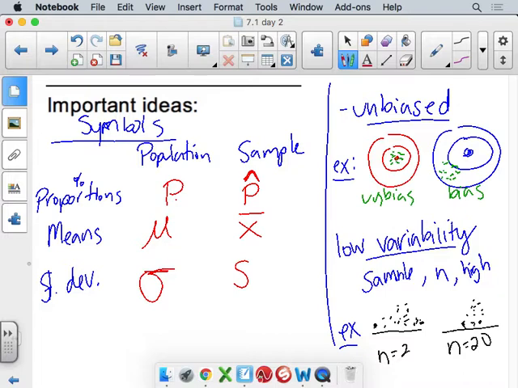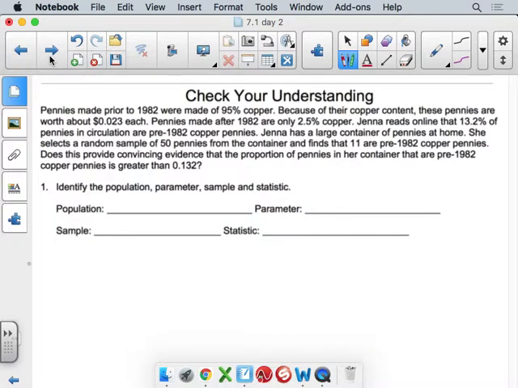Okay, so let's talk about, I'm just going to do number 1 on the check your understanding, because I figured from second period, the more examples that we do once we get into this next page, the better it'll be. So on this one, check your understanding, we're going to go through what these words are, what we're looking for. Let me just sum up this nice hefty paragraph for you.